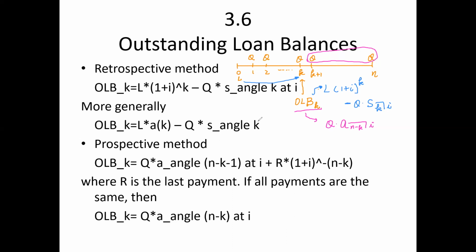If we want to be more accurate, because sometimes we have a smaller last payment, R, then it will be Q times A sub N minus K minus 1 angle I, plus R times 1 plus I to the negative N minus K. So you have N minus K minus 1 payments of Q each, and then you need to add the last payment, R, which is sometimes a little bit smaller than Q. These are the two formulas we use, actually three, but these two are very similar.